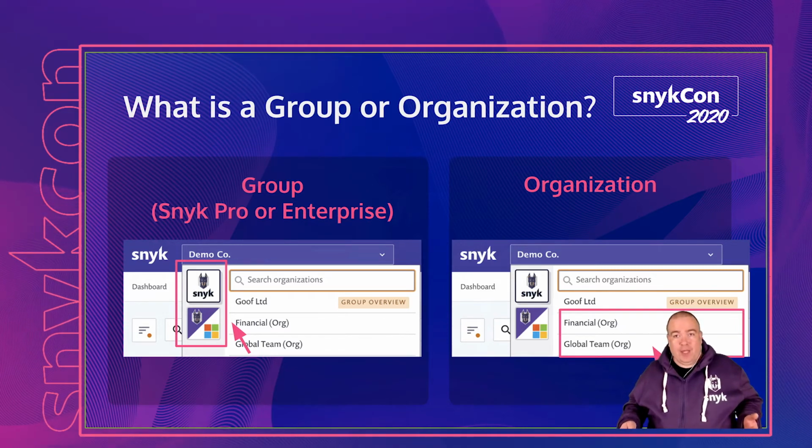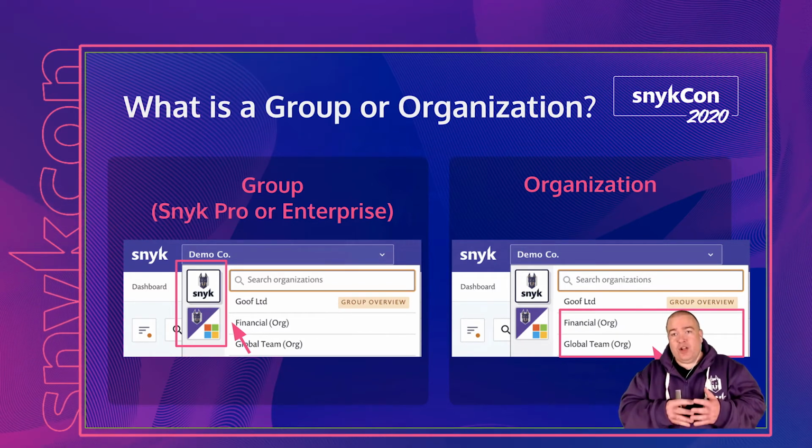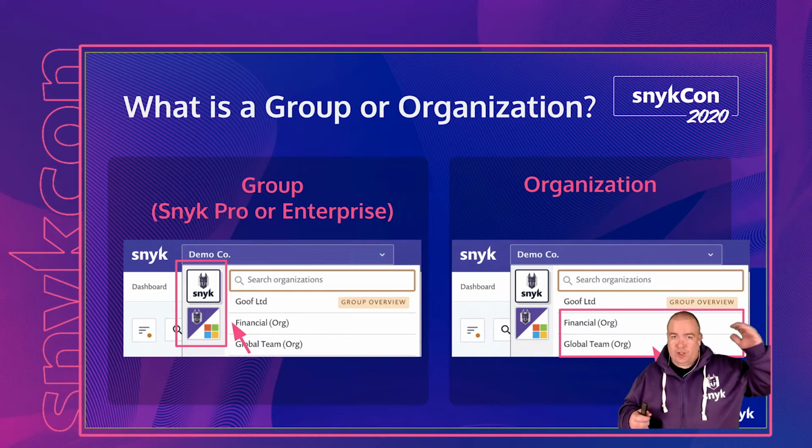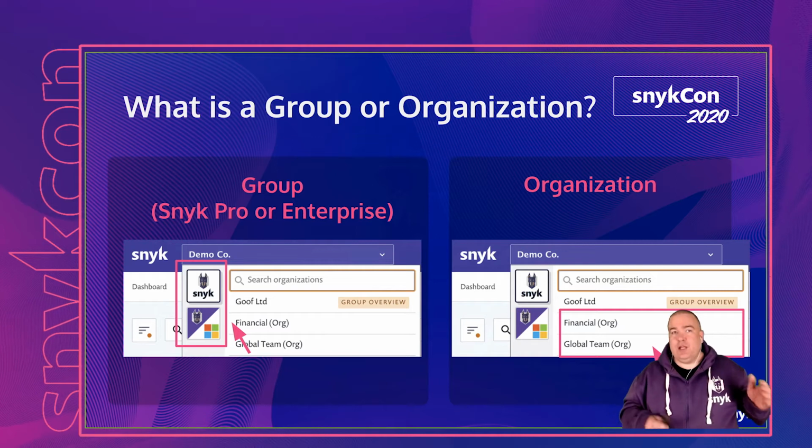There's even a roll-up capability. So you'll notice that top item there called Goof Limited. That actually allows you to see the results across all your organizations. So teams and groups is effectively what we call our groups, which is the top level, and then the organizations below it. And that's available again to Snyk Pro and Enterprise customers.